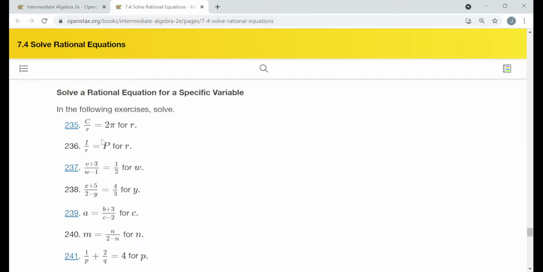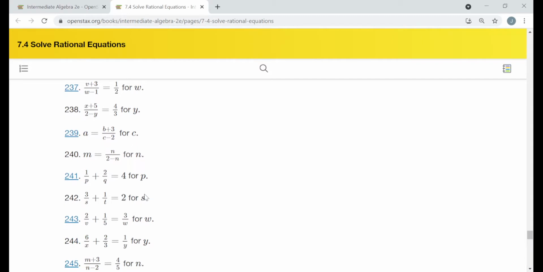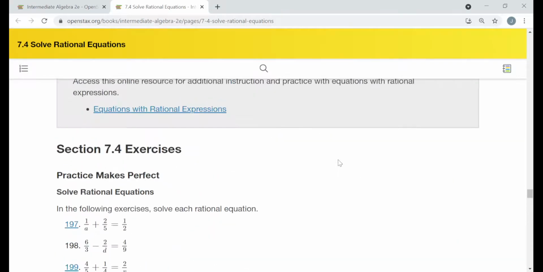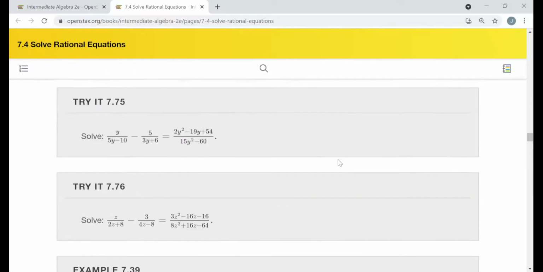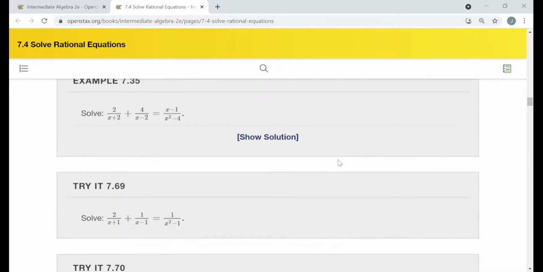Alright. So before I get started, each one of these equations has some sort of fraction, or rational expression, in it. And we're going to be solving these equations the same way we've been solving other rational equations. I put out a video previously on solving rational equations with a single variable.